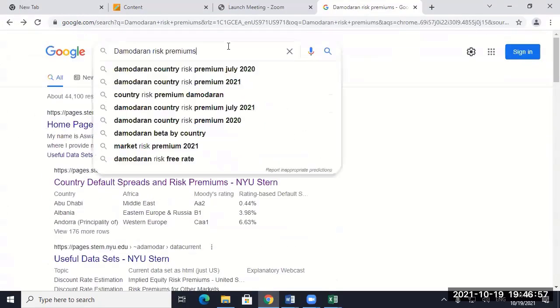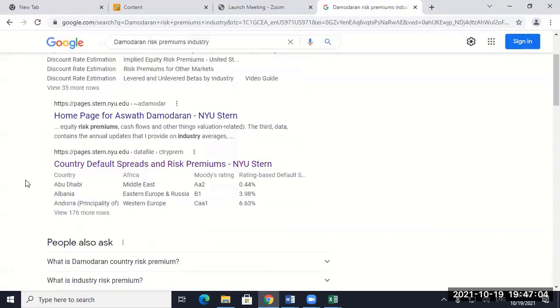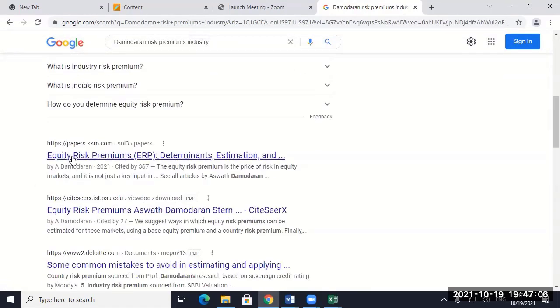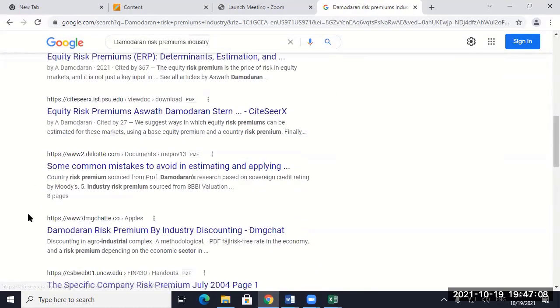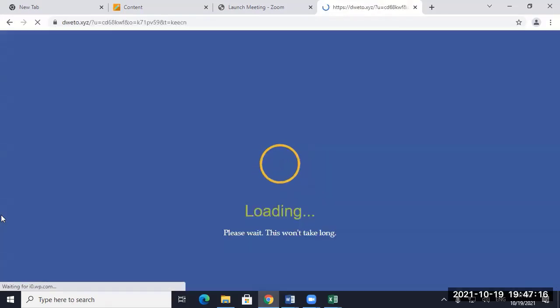Let me try. Just all our books. I mean, he dominates this. So there we go. Damodaran risk premium by industry. So he provides all this for free. You can certainly quote him or use him if you want to.